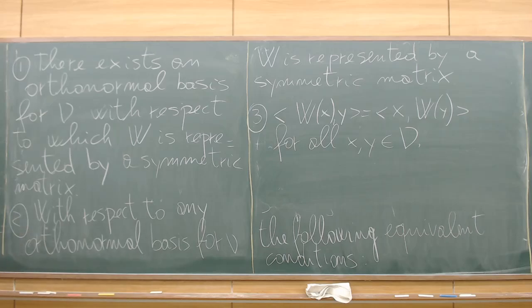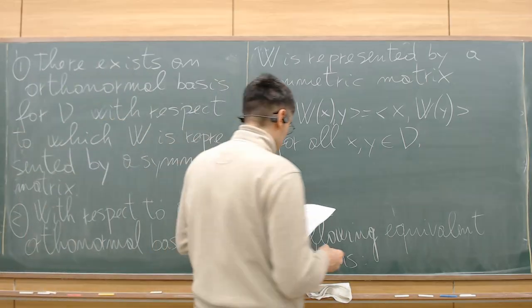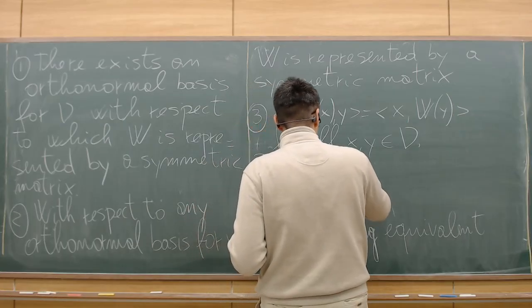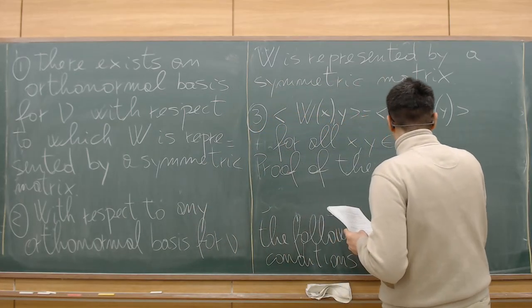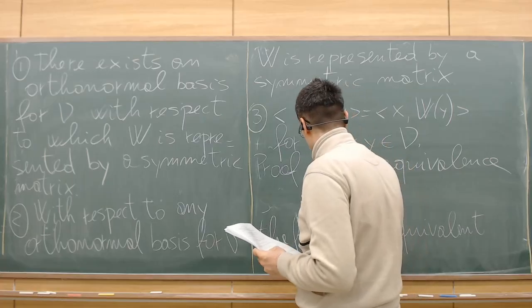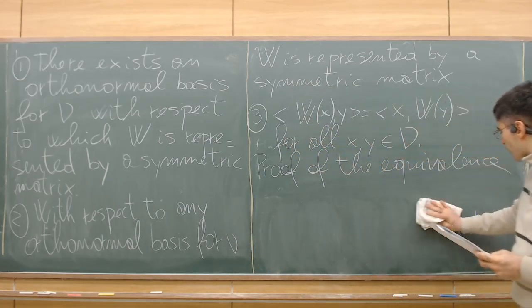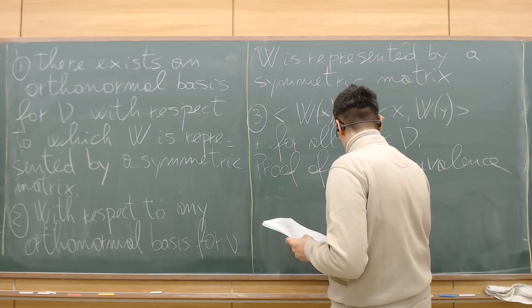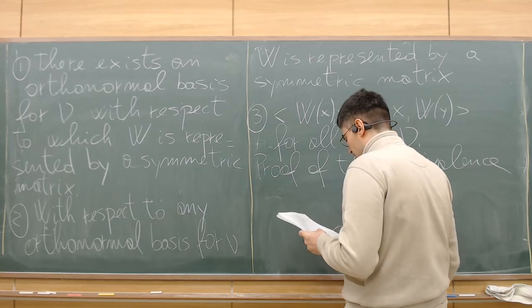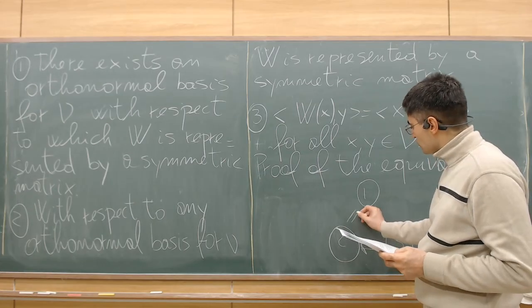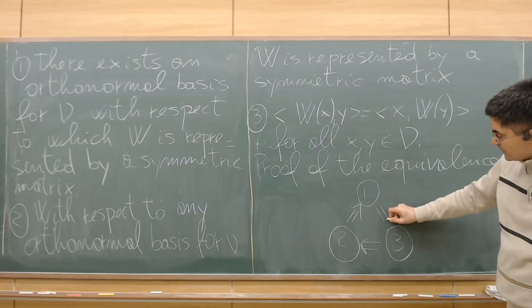Let's prove that the conditions 1, 2, 3 are equivalent. So, proof of the equivalence. We will prove that three implies two implies one, and one implies three.